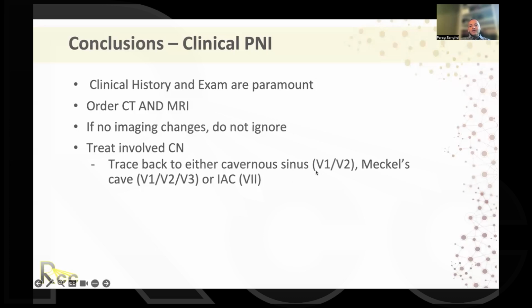You should at least treat V1 and V2 to the cavernous sinus and Meckel's cave for V1, V2, V3, and to the internal auditory canal for cranial nerve 7. So this is the best time to be aggressive for these patients to make sure that we are preempting a bigger problem downstream for these patients.